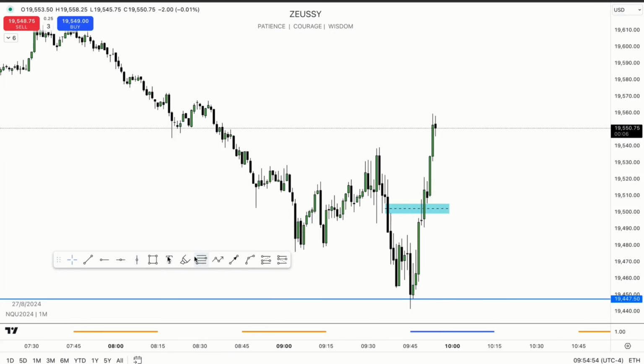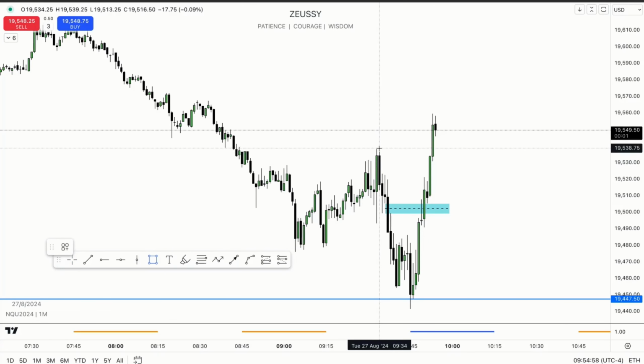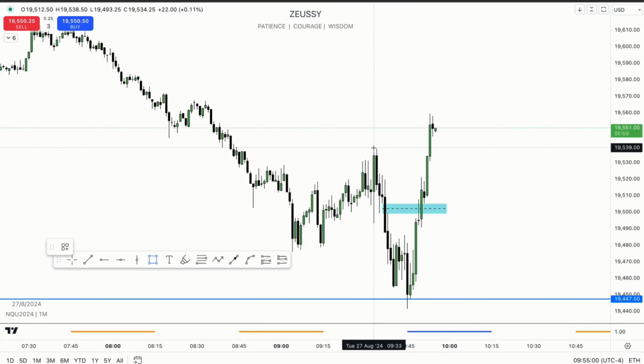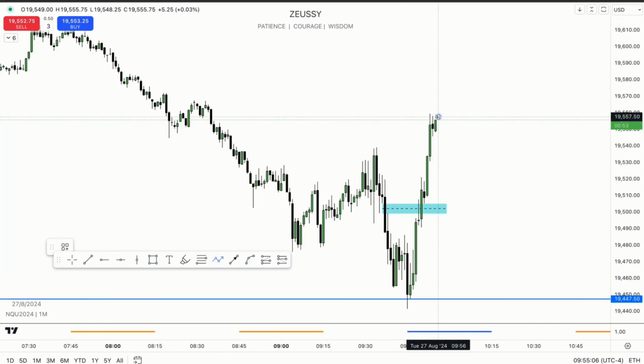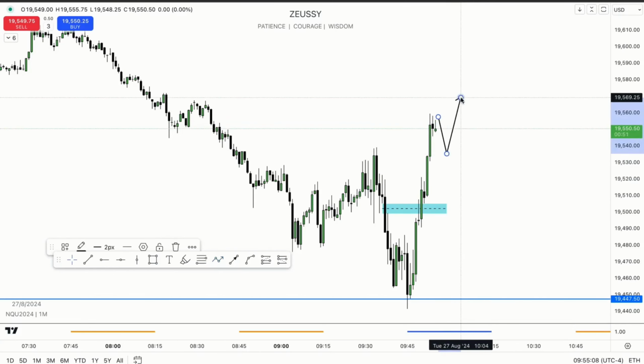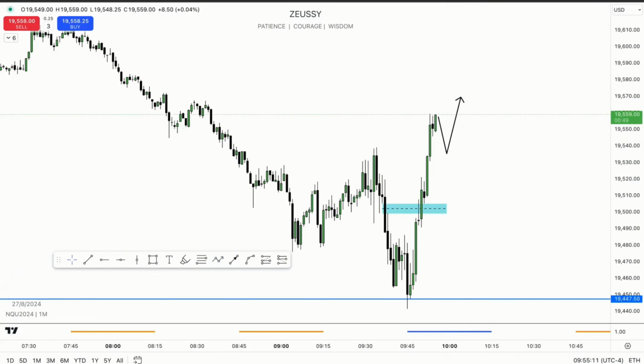What I will be monitoring is this up close candle right here. I want you to pay attention to this candle, because this up close candle has to function as support on price if the market is going to continue higher. Therefore, if we see any retracement taking place like this, that's my long, and that's the long I will take in advance of the news, which will take place at 10 a.m.